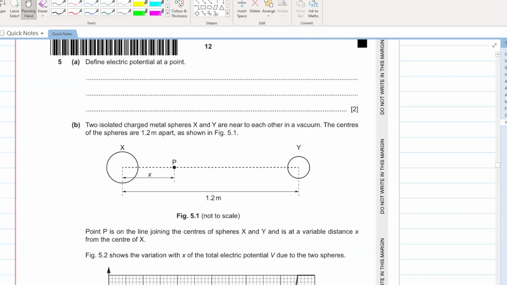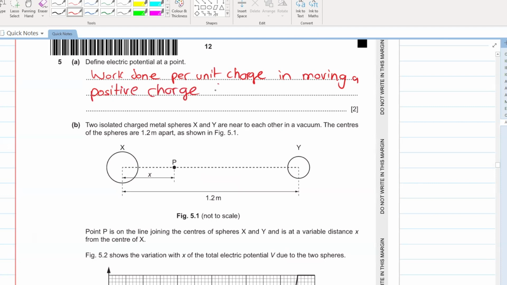Or you can say electric potential is work done per unit charge in moving a positive charge from infinity to any defined point in an electric field.